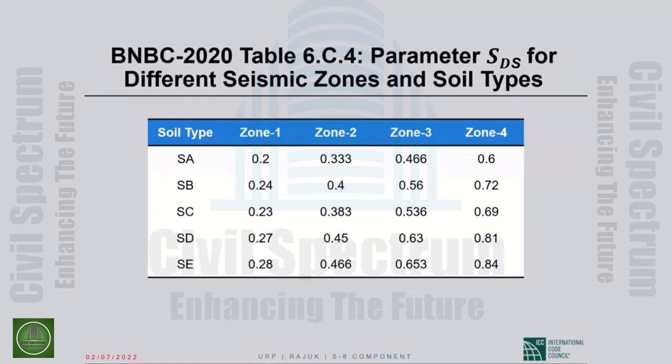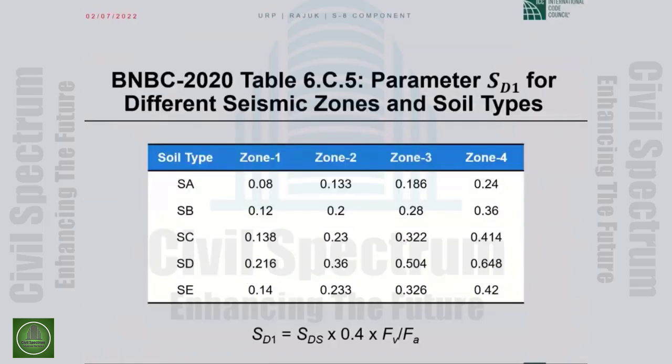So these are S sub DS values. Again, you see that the values are given for the different soil types and the various seismic zones. That's all that you can possibly need.